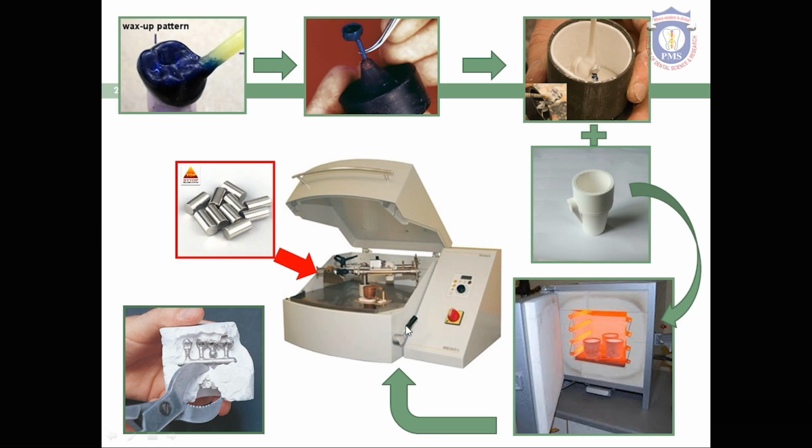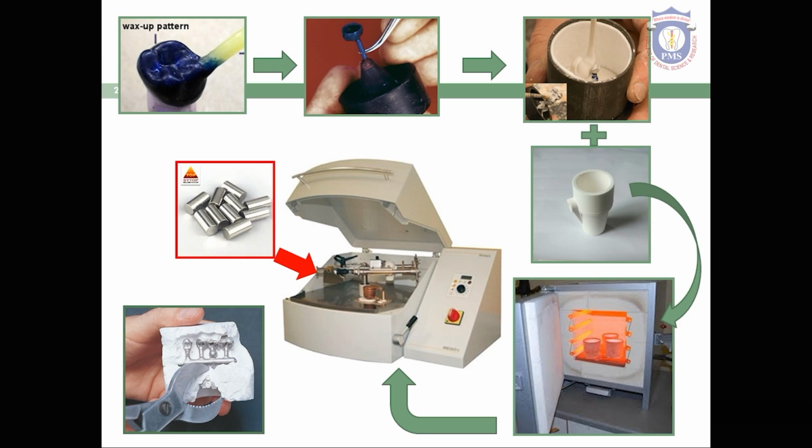This lever here, you will release it, and with centrifugal force the molten metal will flow from the crucible into the investment, and the hollow space that was previously occupied by the wax pattern will now be occupied by the molten metal.